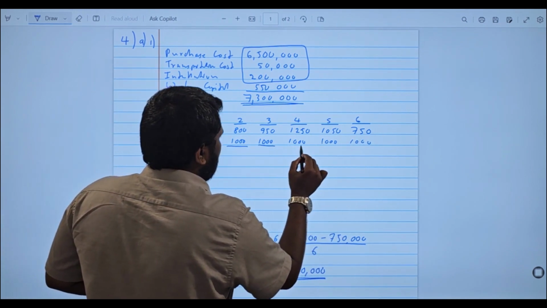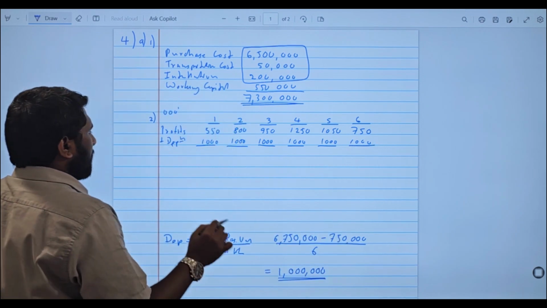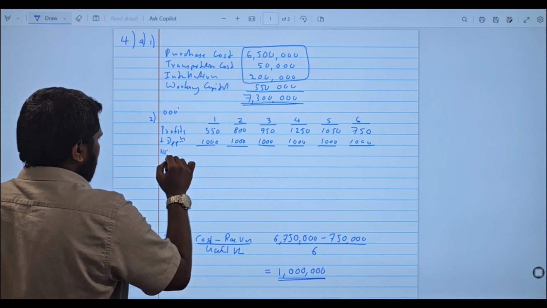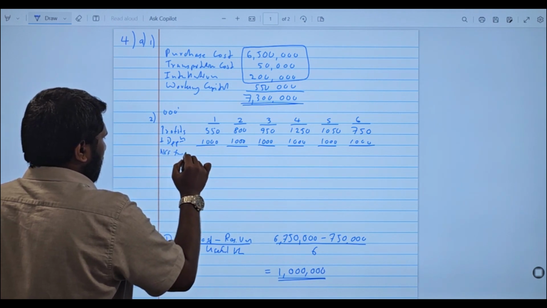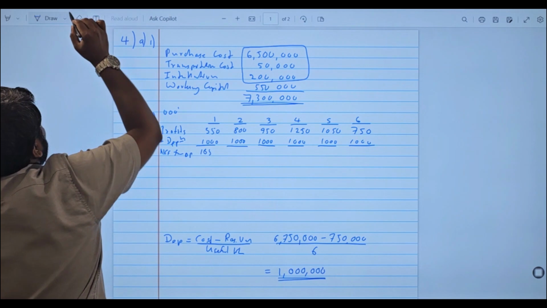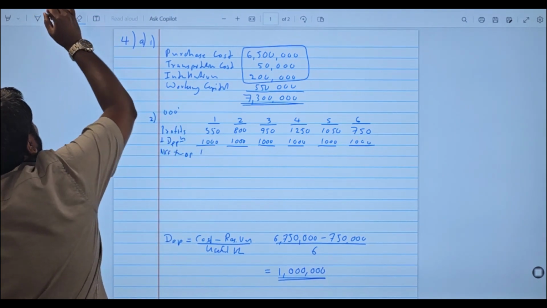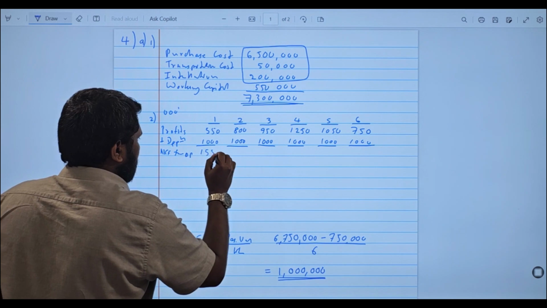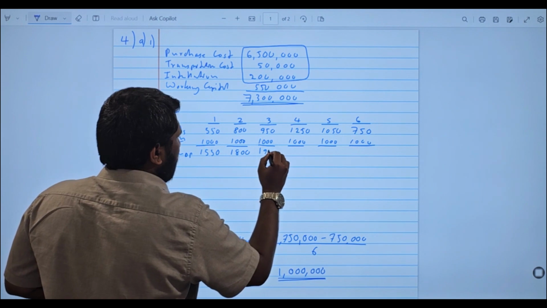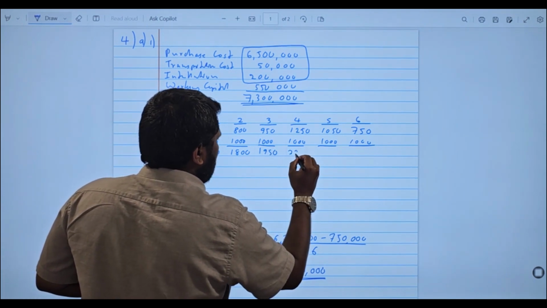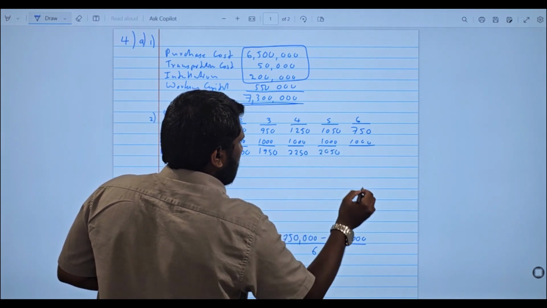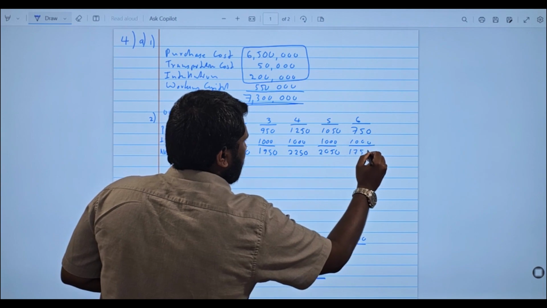Now let's take the net cash flows from the business operations: 1550, 1800, 1950, 2250, 2050, and 1750.